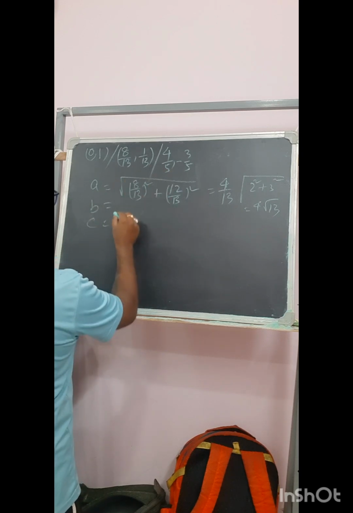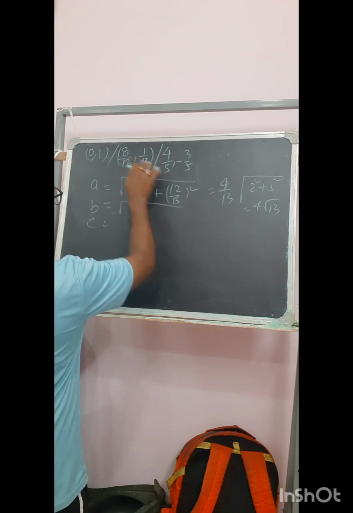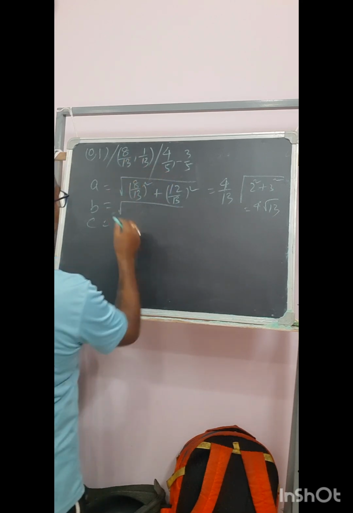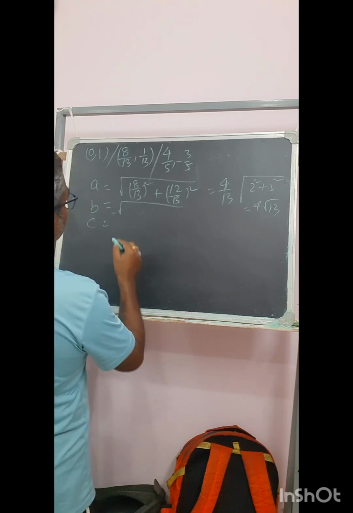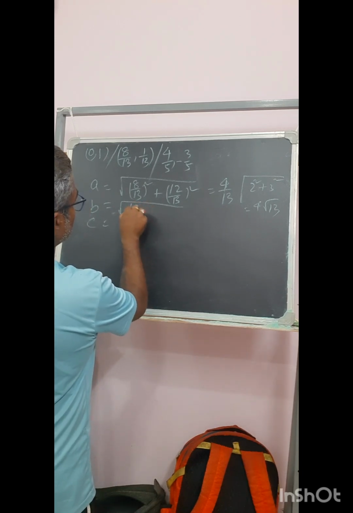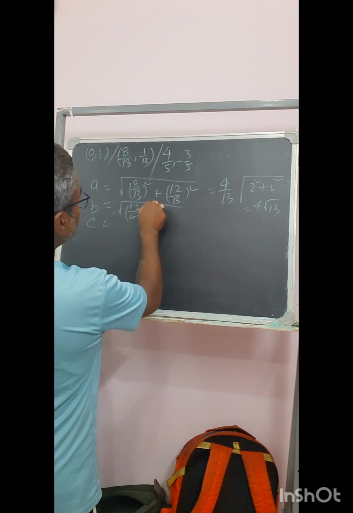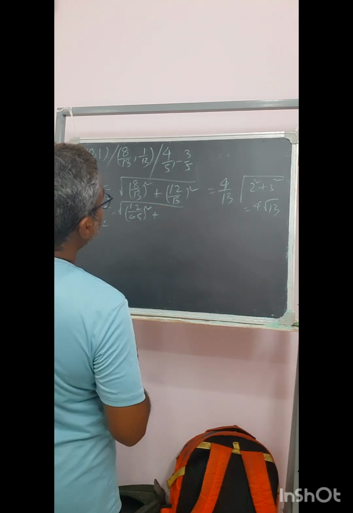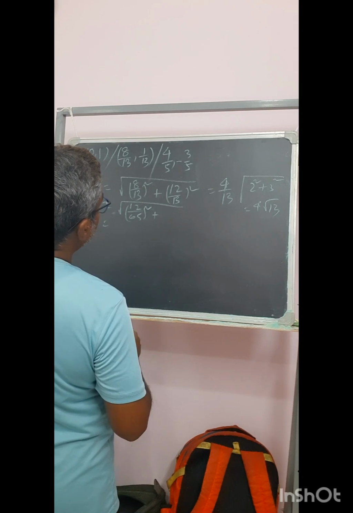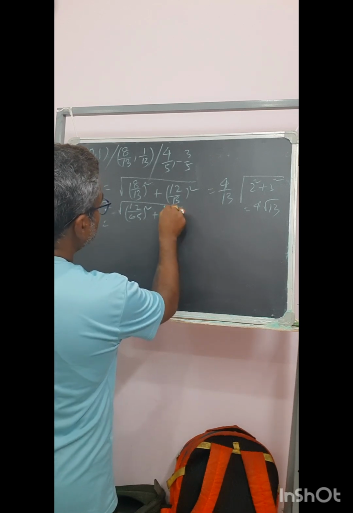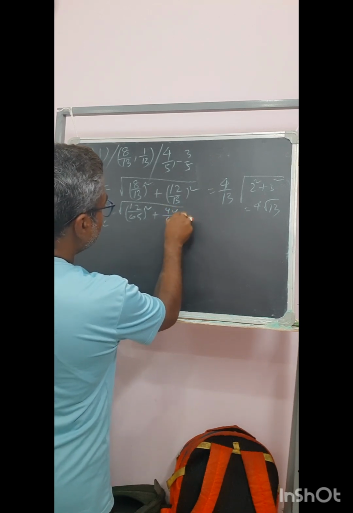And for B, I will take this, so this will be the square root of this minus this, that means 12 by 65 whole square plus this minus this, 5 plus 39, 44 by 65 whole square.